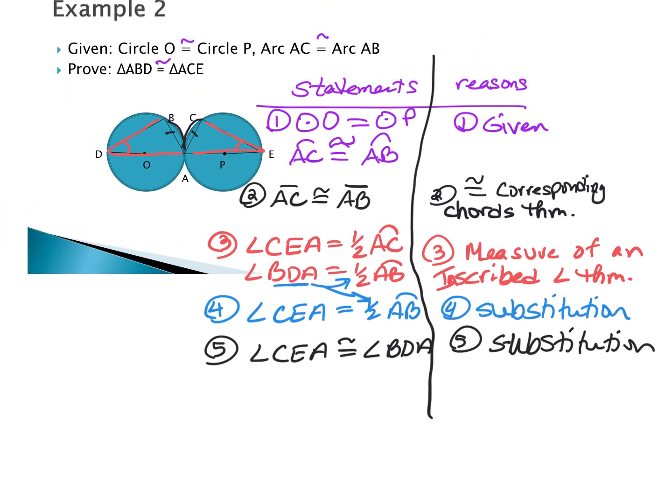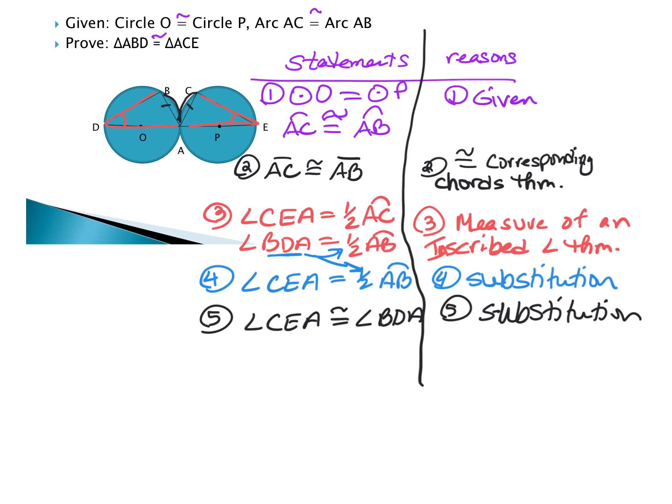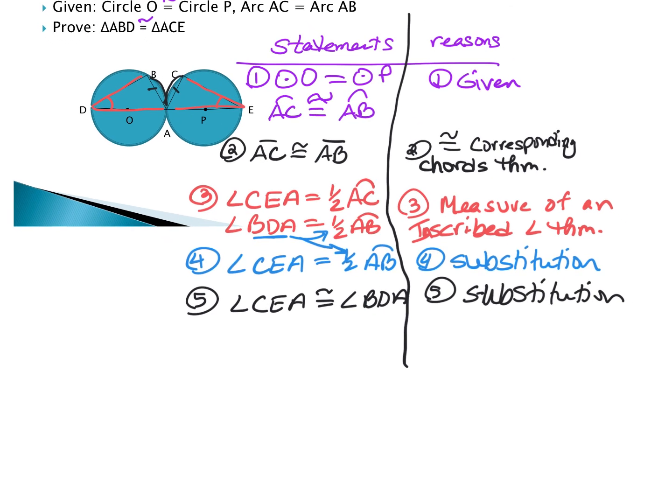So now I have an angle marked. I've got a chord marked as congruent, and I need one more angle. Now, because both of these angles that I'm going to mark next are inscribed in a semicircle, or it's an inscribed right triangle, I can now state that angle B equals 90 and angle C equals 90.